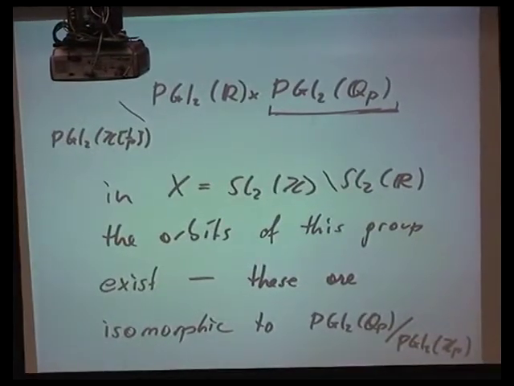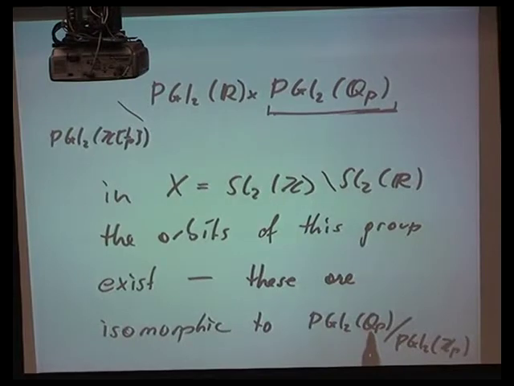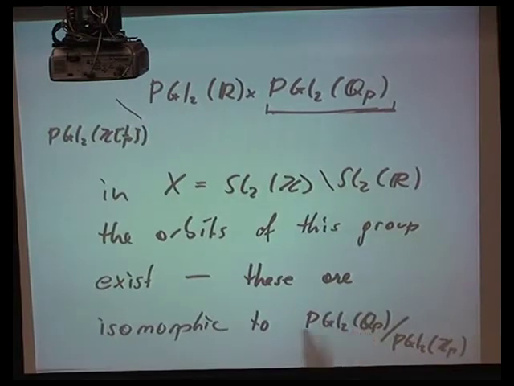Why? Because had we written here R, then this would be just PGL2 of R. And then what's the analog of PGL2CP? Well, PGL2CP is a maximal compact subgroup of PGL2QP.